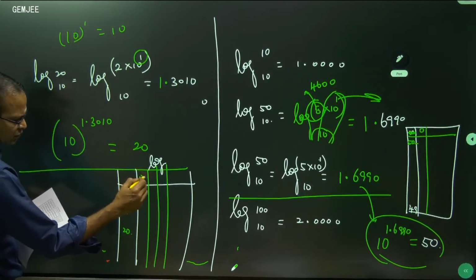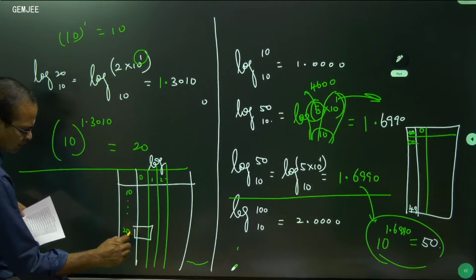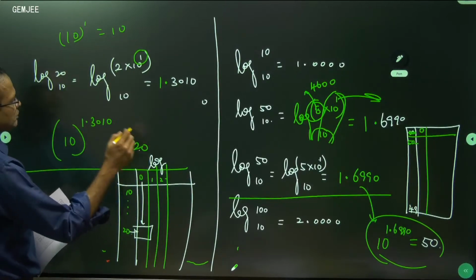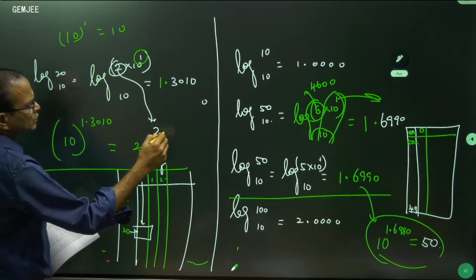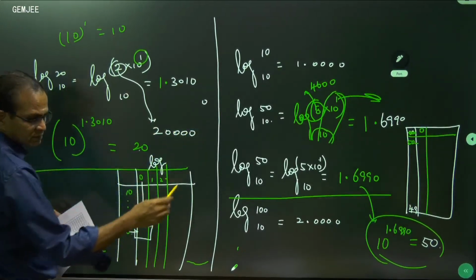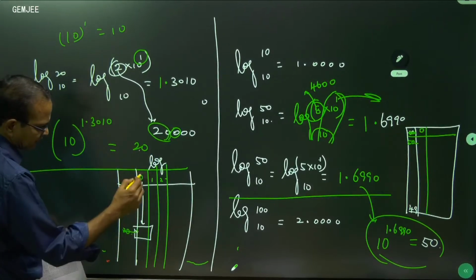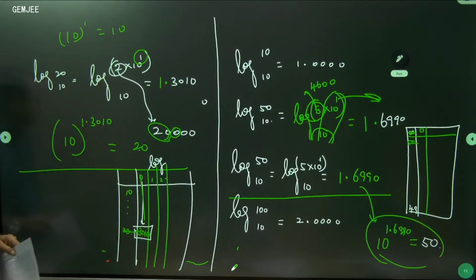This box: 20 against 0. Because this 2, I already told you, you can add as many zeros as you want. So it becomes 20 against 0. 20 against 0 gives 3010.